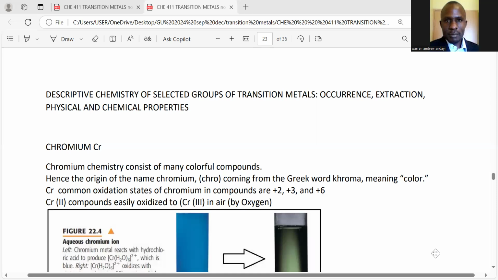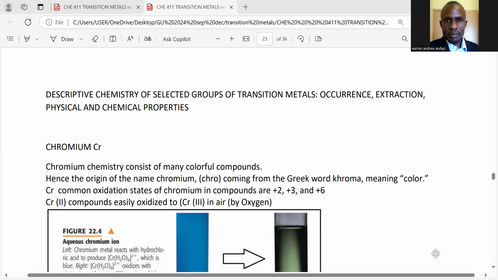Many times you hear people say chrome-plated bumpers for cars or chrome-plated metallic surfaces and so on. So the common oxidation states of chromium are usually +2, +3, and +6. The maximum oxidation state for chromium is 6.